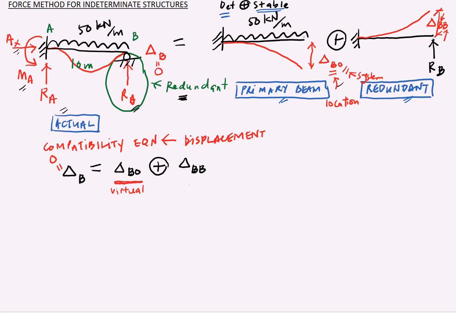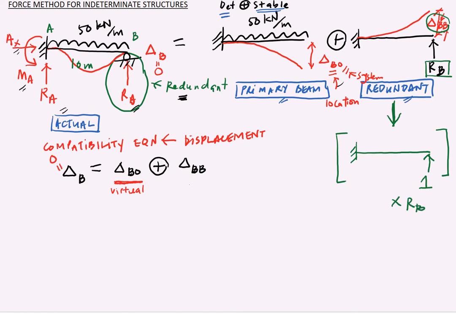However, for your redundant system here, to get this delta BB value, you need to know what RB is, the reaction at B. However, this is one of our unknowns. So instead, we are going to change this system into a cantilevered beam applying a unit load and then multiplying the whole system by RB.